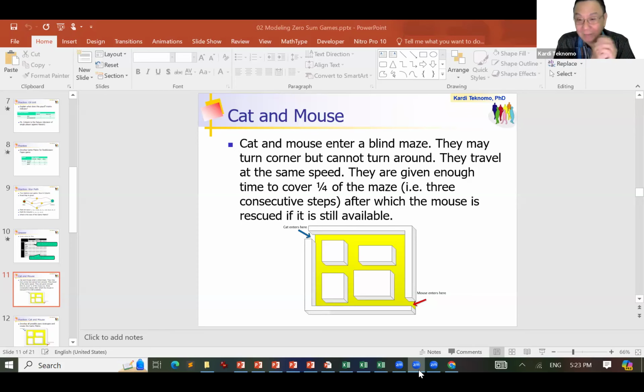Can you make that game matrix for this cat and mouse? Any idea?